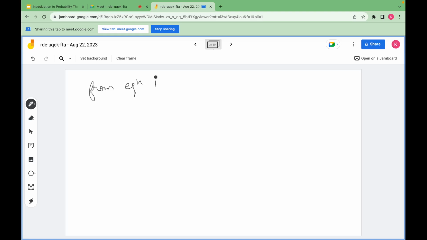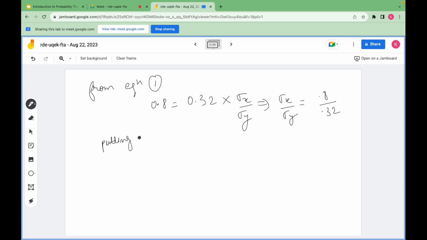From equation 1 we get 0.8 is equal to 0.32 into sigma x by sigma y. So sigma x by sigma y is equal to 0.8 by 0.32. Now putting this value in equation 2, we get 0.8 equal to Byx into sigma y by sigma x.